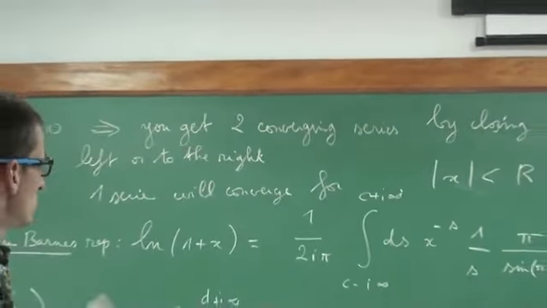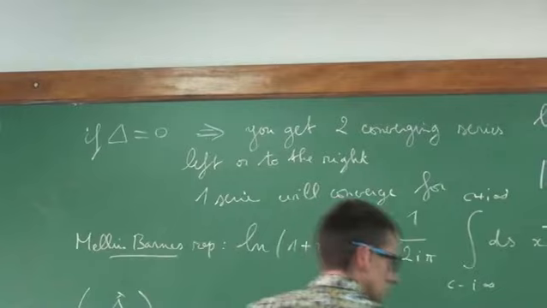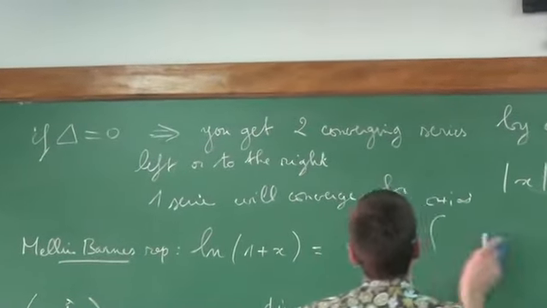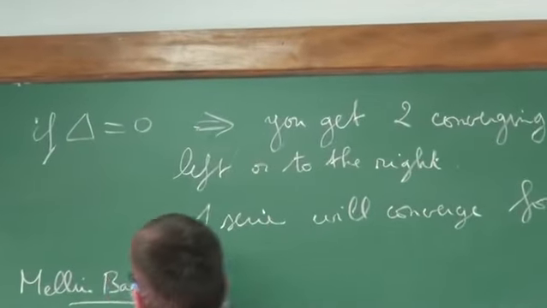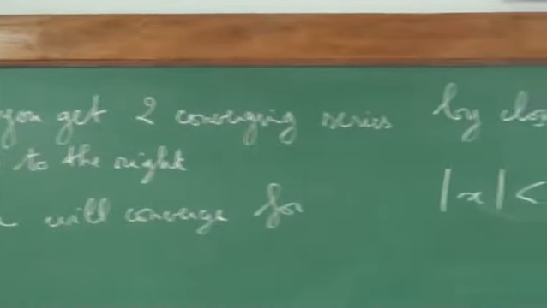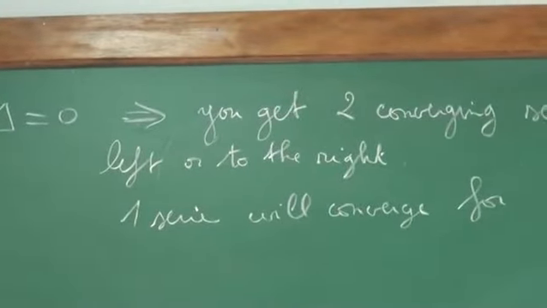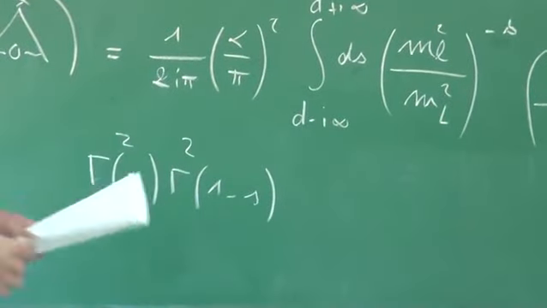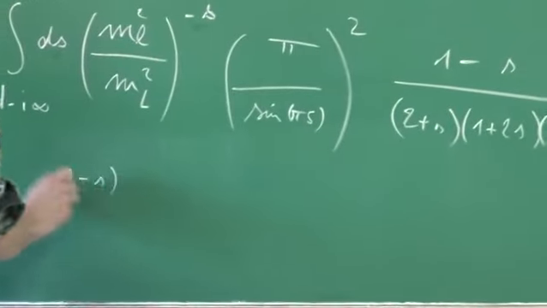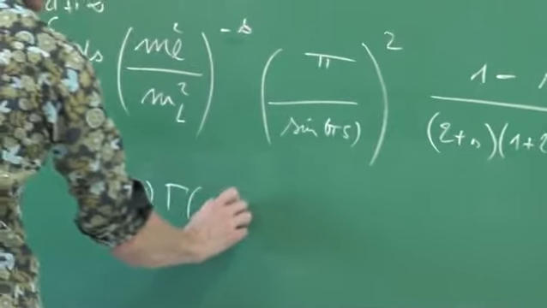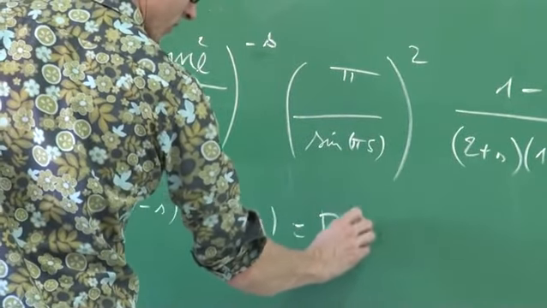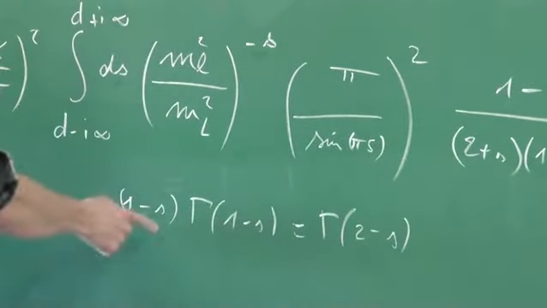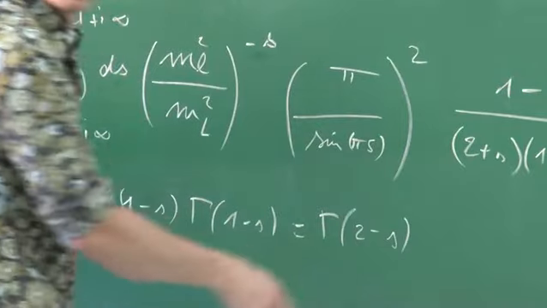Okay, now what is our situation here? This may be written as gamma s, gamma 1 minus s squared. Okay, this 1 minus s times gamma of 1 minus s equal gamma of 2 minus s. Therefore, I can replace this by the ratio of both.